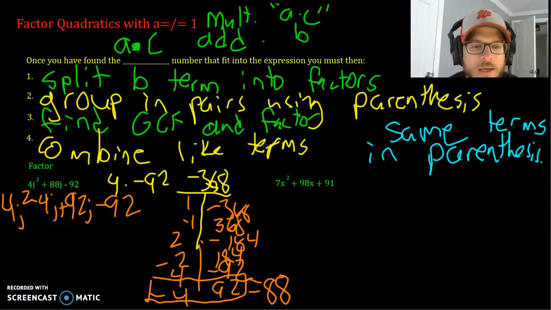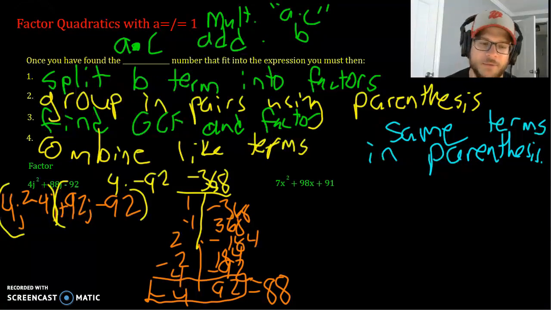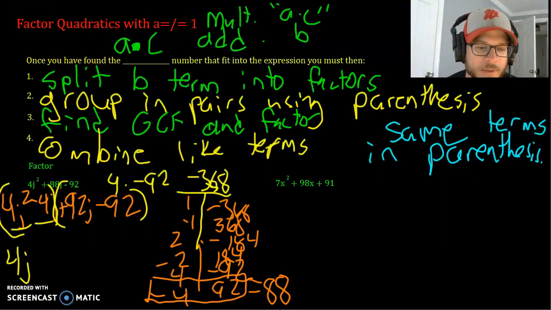That's step 1. Step 2 is to group in pairs using parentheses. So all I'm going to do is draw a parentheses around my first 2 terms and then draw parentheses around my second 2 terms. Then we're going to find the greatest common factor of each one of these parentheses and factor. So just between 4j squared and negative 4j, they both have a 4 and they both have a j in common that I can take out.